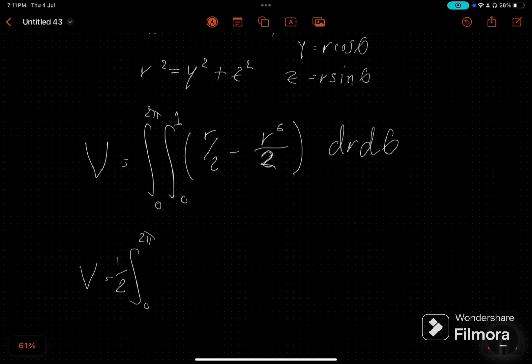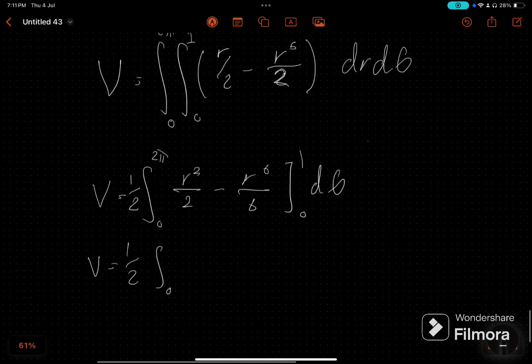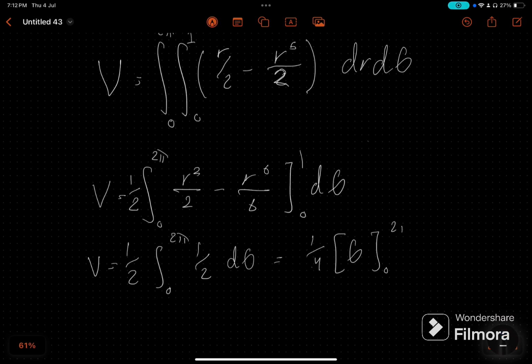Now take 1 over 2 outside, we have r, so r squared over 2 minus r to the 6 over 6, and now this is evaluated from 0 to 1 d theta, which is V equals 1 over 2 integral from 0 to 2 pi of 1 over 2 minus 0, so 1 over 2 d theta, and this is just basically 1 over 4 times theta from 0 to 2 pi, and so this is basically 2 pi over 4 or pi over 2, and this is our volume.